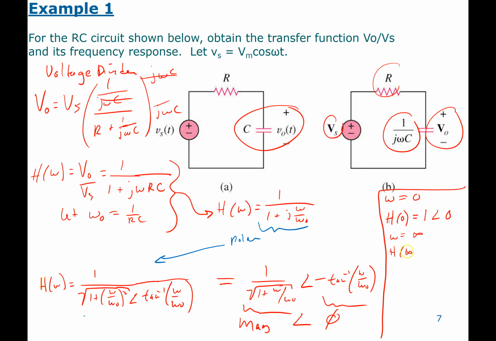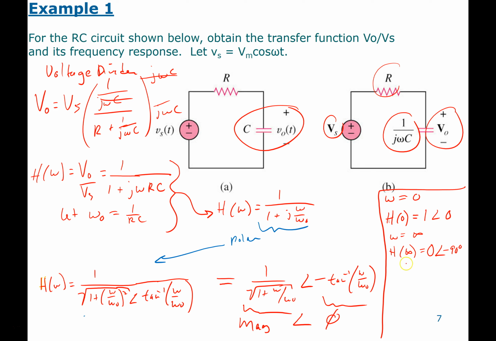H of infinity is going to be what? 0, because that term is going to dominate and go to 0, but it's going to have an angle. What's the angle going to be? It's going to be negative 90. It doesn't really matter if it's 0, but it's going to approach that with a negative 90 degree phase shift.